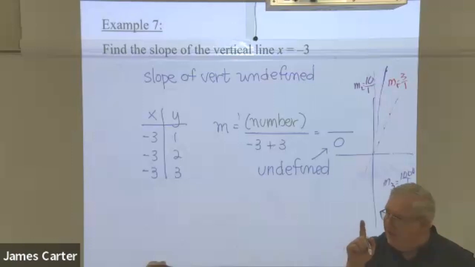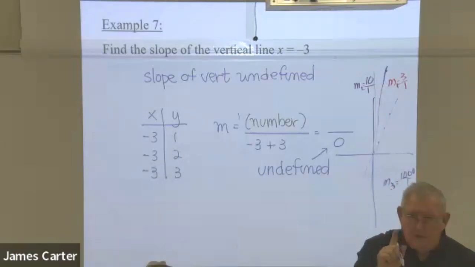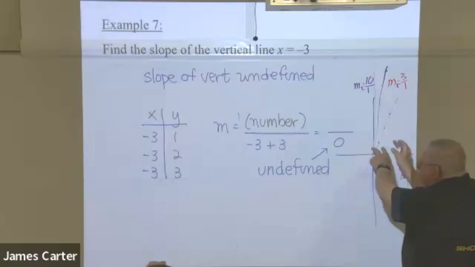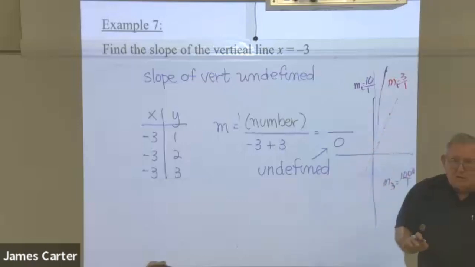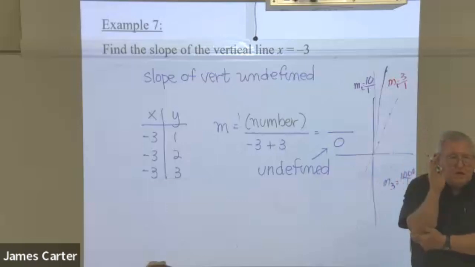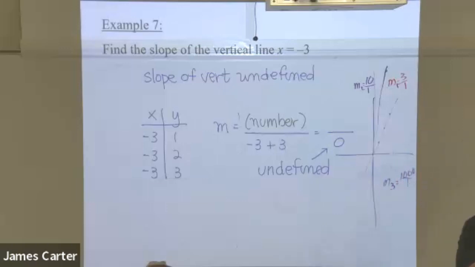It is infinitely steep. Vertical line is. This number just keeps getting bigger and bigger in the ratio. It's truly an infinite slope, but you will never see that phrase in a math book. But for understanding it, that's why it's an undefined slope.